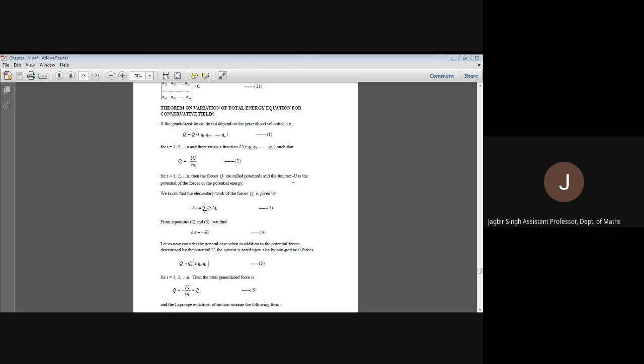And due to equation number 2, we can write that component as minus partial U by partial qi. And the remaining terms which involve the generalized velocity will be termed as Qi tilde. So Qi will be equal to minus partial U by partial qi, this is that component which does not involve the generalized velocity, plus Qi tilde, or we can say Qi bar.